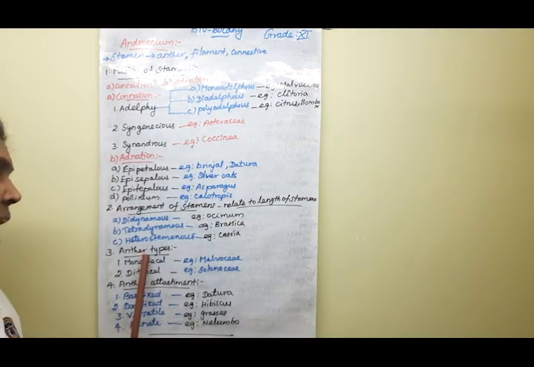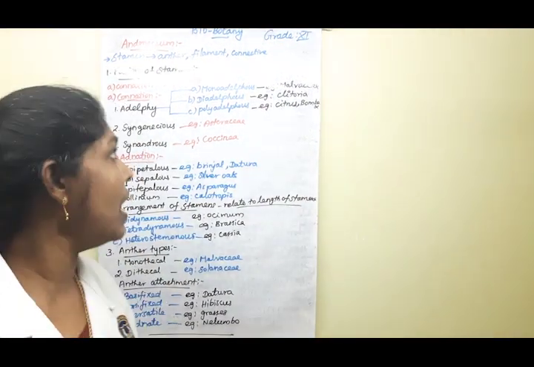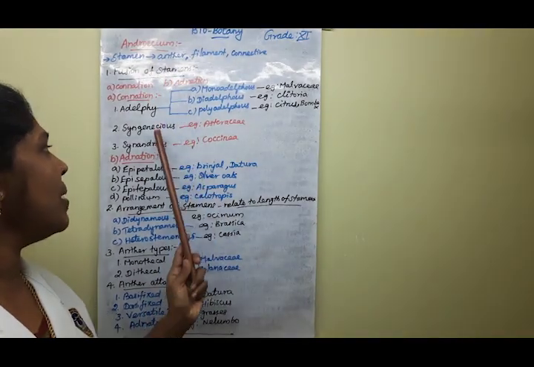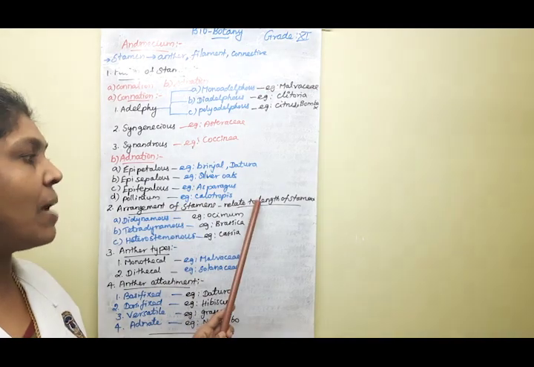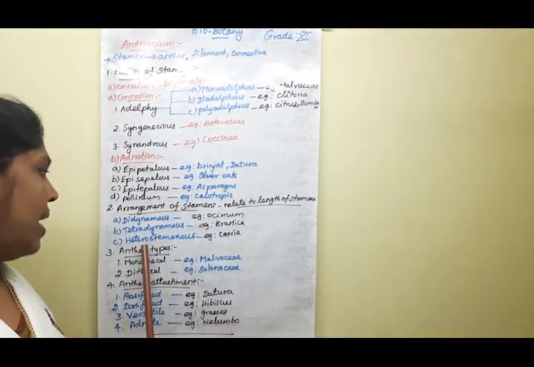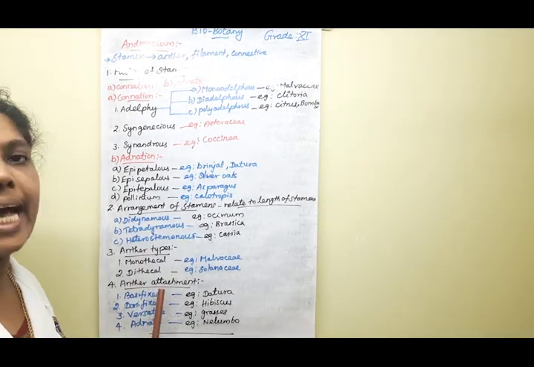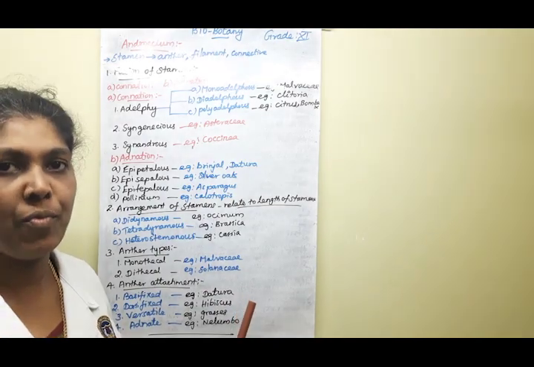The next ones are anther types and anther attachments. Understood? We will see them one by one.